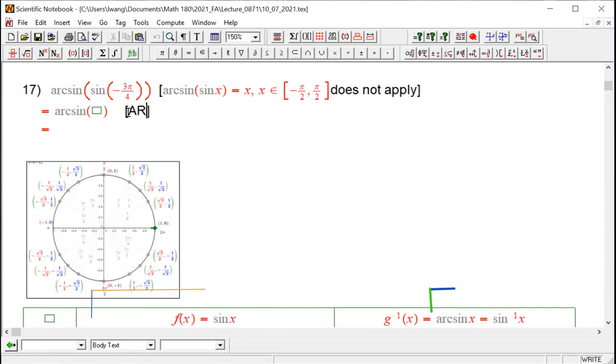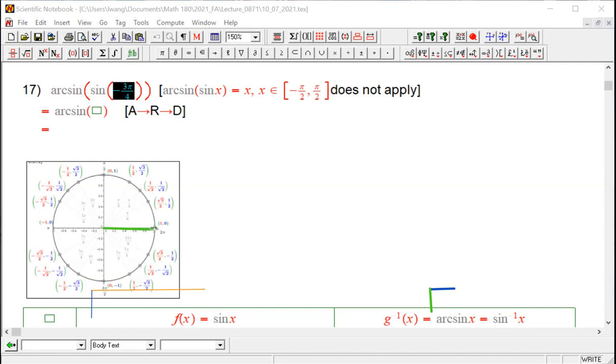Why ARD? From A to R to D. ARD, the A is -3π/4. So we know the angle. So how do we measure the angle? We measure the angle clockwise, right?